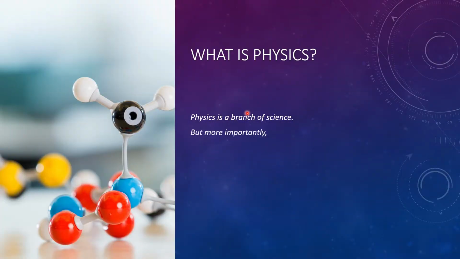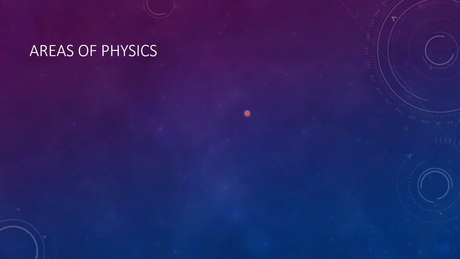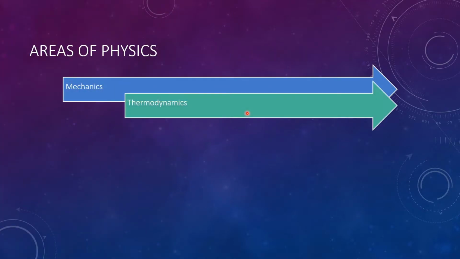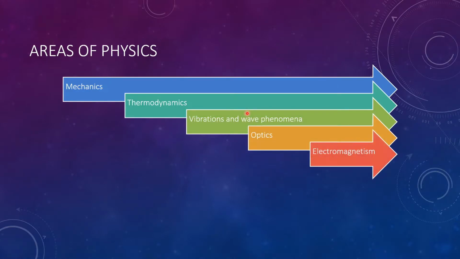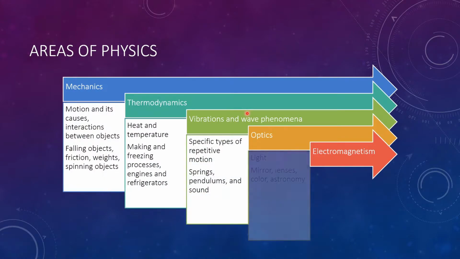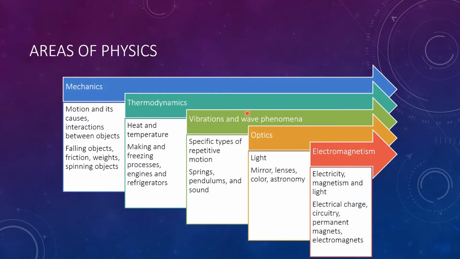But physics itself is not a single subject, but it is made up of quite a few things, which includes mechanics, thermodynamics, vibrations and wave phenomena, optics, and electromagnetism, which again, they've got their different fields that we went through, and they're available for you in the video that I've uploaded. The presentation will be made available to you. I've forgotten to upload that, but that will be available to you in your course notes on your Google Classroom.